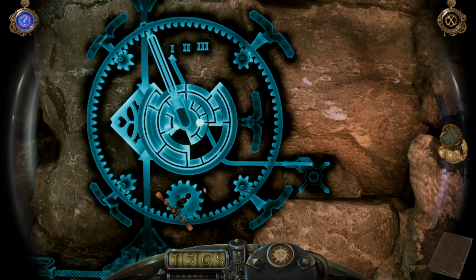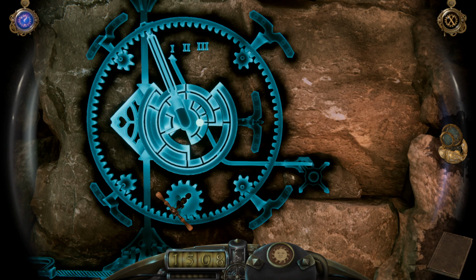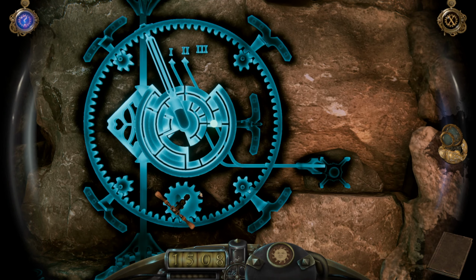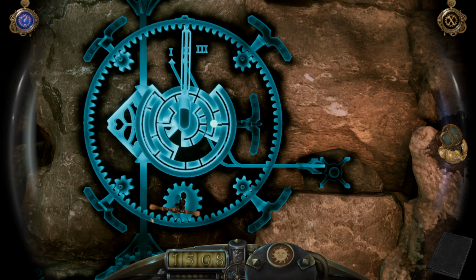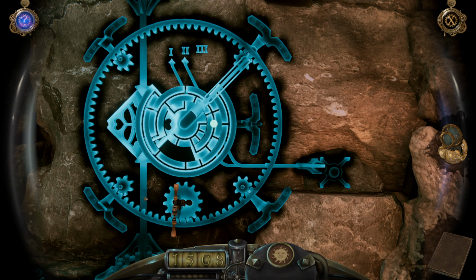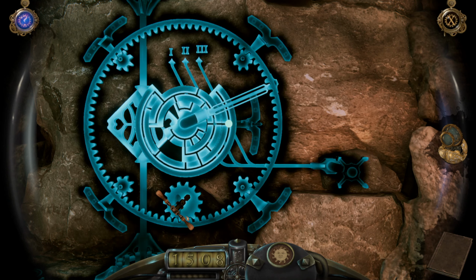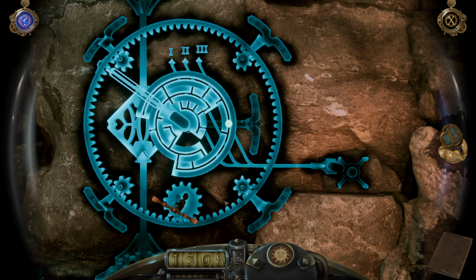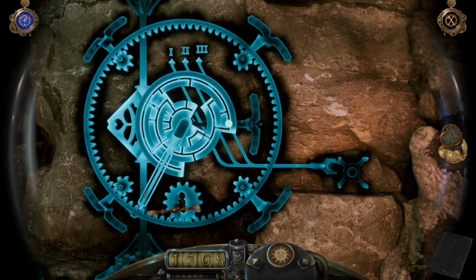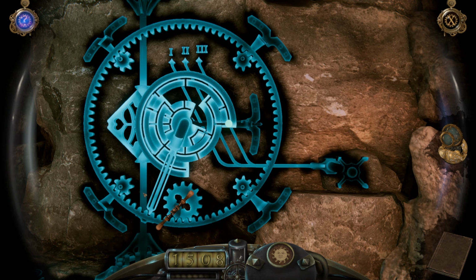Okay, so in this configuration, it only moves between here and here. I don't know. I'm gonna have to figure it out. It's an intriguing puzzle, and I don't understand it yet.